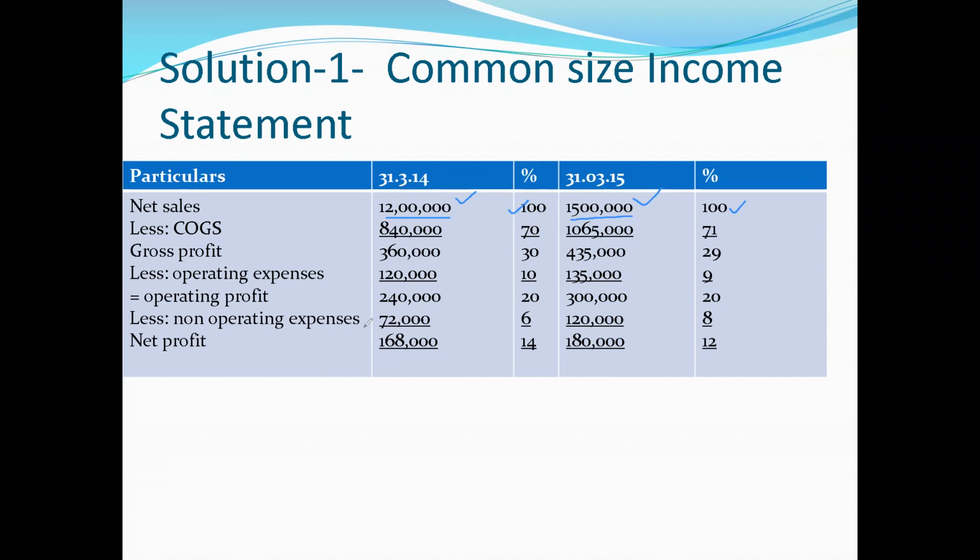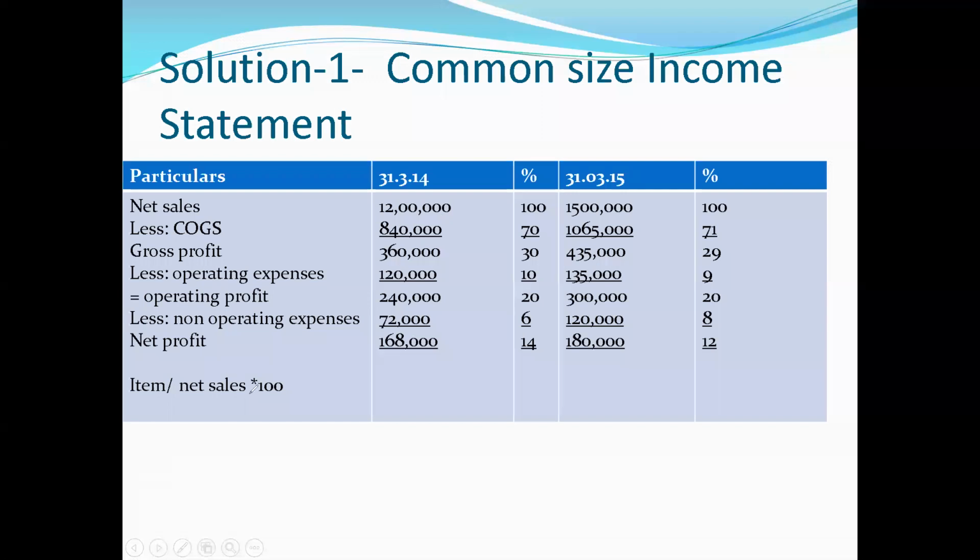So there is a simple formula: each item is taken as the numerator, and we divide every item by net sales into 100 to get the percentage value.